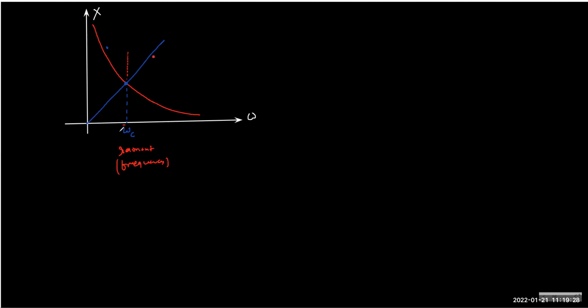But exactly at this frequency, both will cancel out their dominance because they are exactly the same. And in such case, the circuit behaves as a purely resistive circuit. So if the capacitor is dominant, we say capacitive. If inductor, inductive. But if none of them are dominant, then we call it purely resistive circuit.